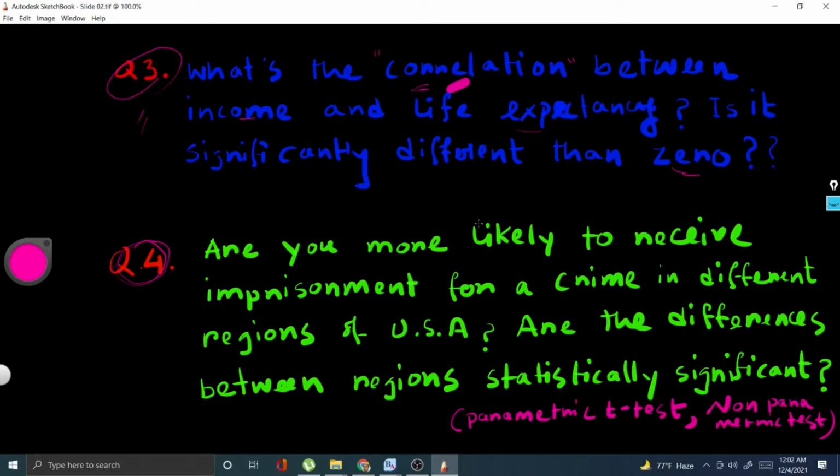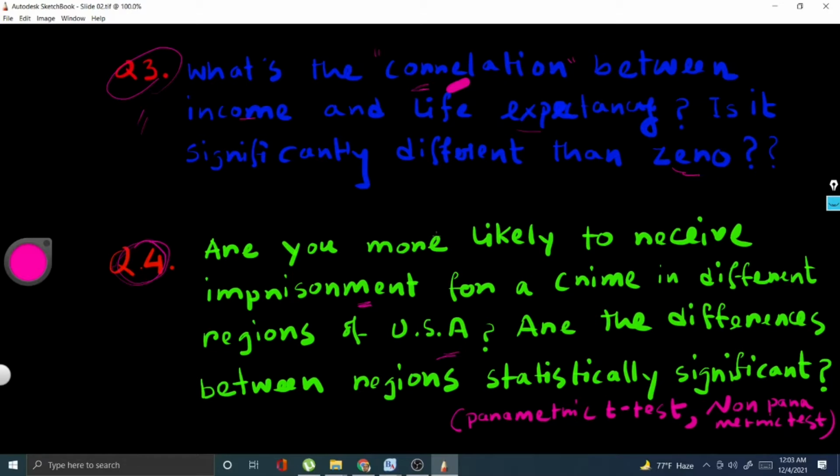The question is: are you more likely to receive imprisonment for a crime in different regions of the USA? Take two states, for example Minnesota in the north and Texas in the south. If you are traveling to the south, is there a provision that the crime you commit gives you a penalty of imprisonment, where the same crime does not give you any penalty in other regions of the United States?